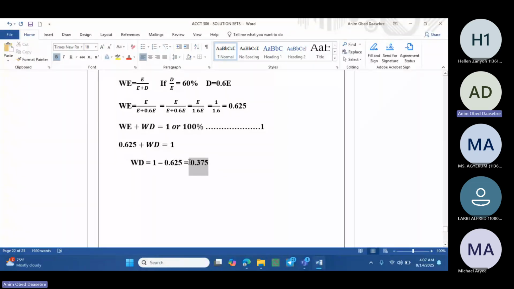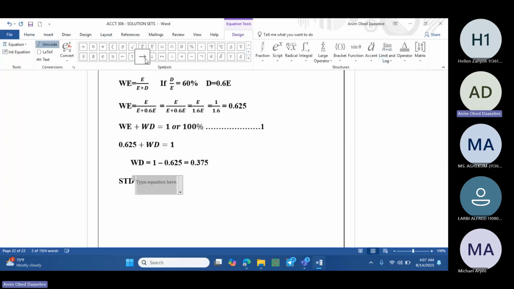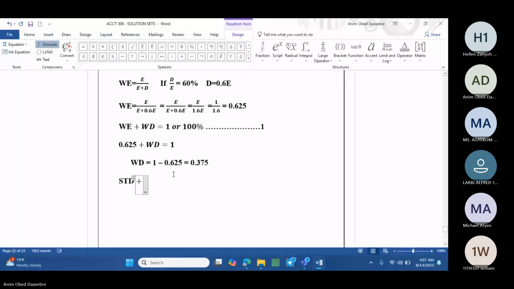You need this value in computing the short-term. So we say that the short-term debt plus long-term debt is equal to total debt.